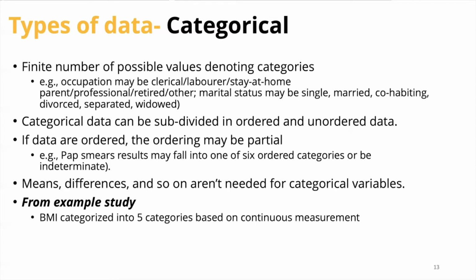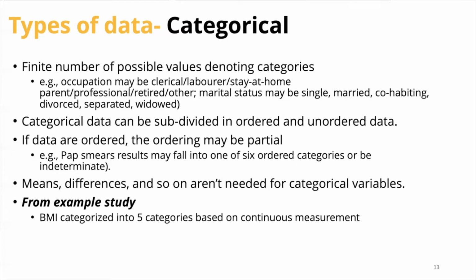Categorical data can also be subdivided into ordered and unordered data. Ordered data tends to be something that is kind of ascending or descending. With something like marital status, you can't really order being single, married, cohabitating in any sensible way.